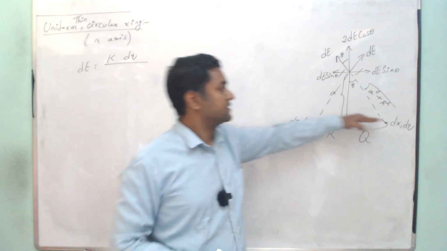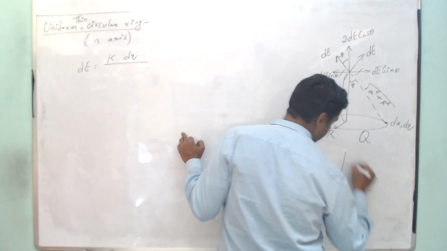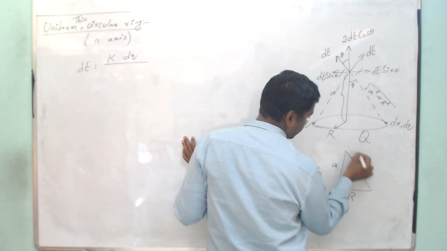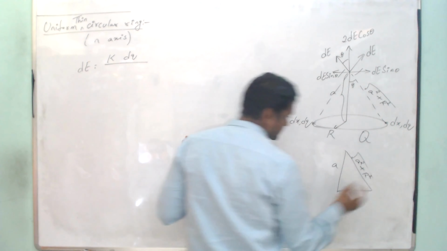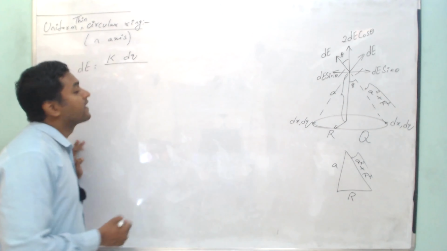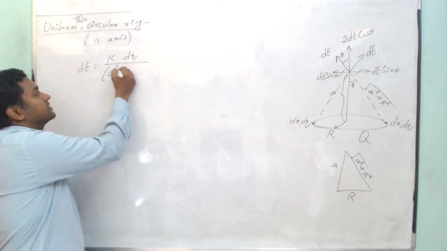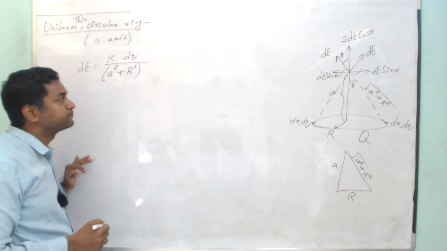This distance is a, this distance is r. So I'll just draw the triangle here: a, r, and this is under root of a square plus r square. But of course, I need the square of that, a square plus r square.